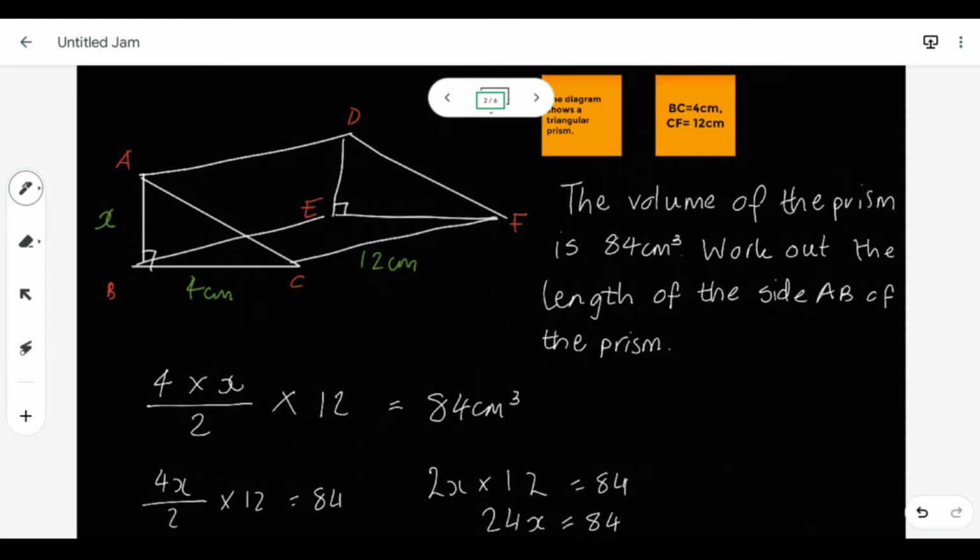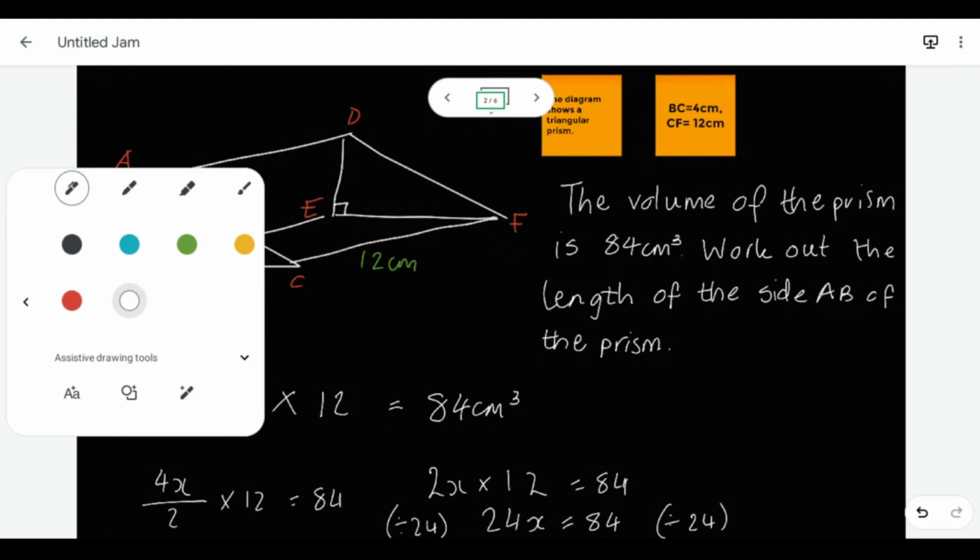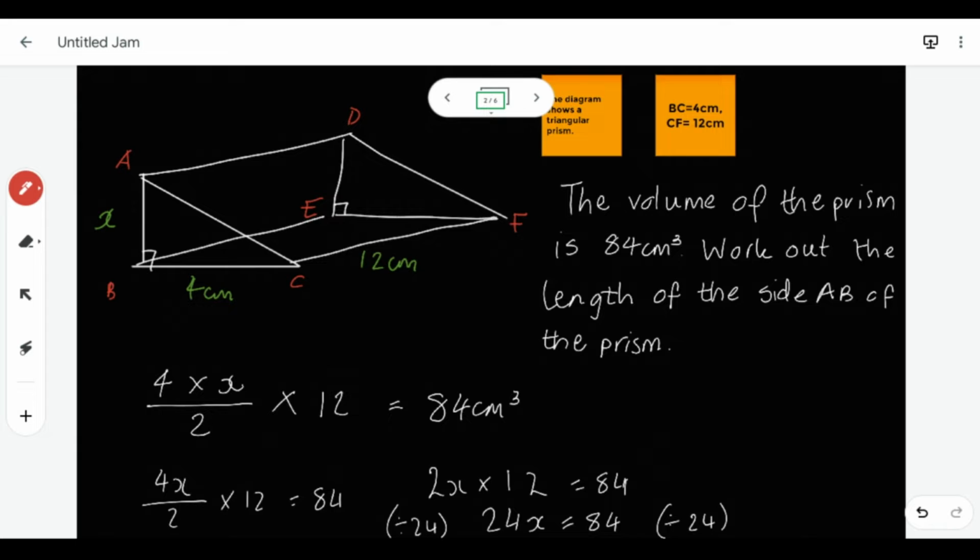Now, to find the final value, we just need to divide both sides by 24 so that we have x on its own. Dividing on this side cancels 24 out, and of course 84 divided by 24, we just break that down, so we have x equals 84 over 24.